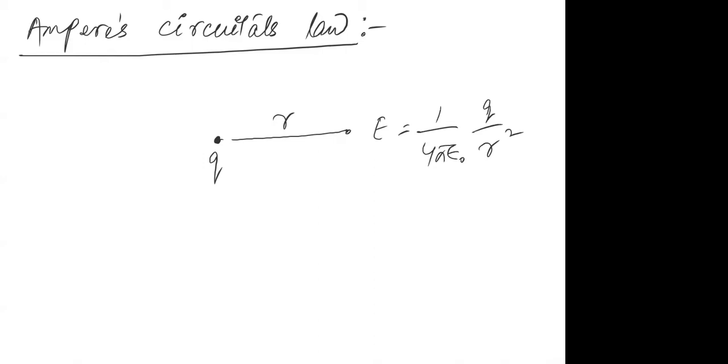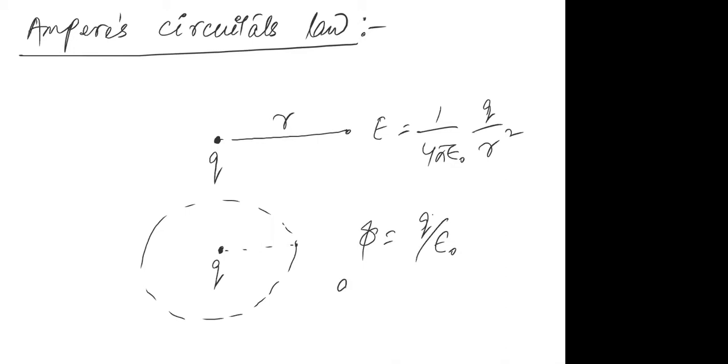At the same time, we can even calculate the electric field due to this charge using Gauss law. According to Gauss law, we basically write the total flux is equal to charge enclosed by epsilon naught. First we enclose the charge in a surface and call it a Gaussian surface, and we find the flux using this formula, charge divided by epsilon naught.